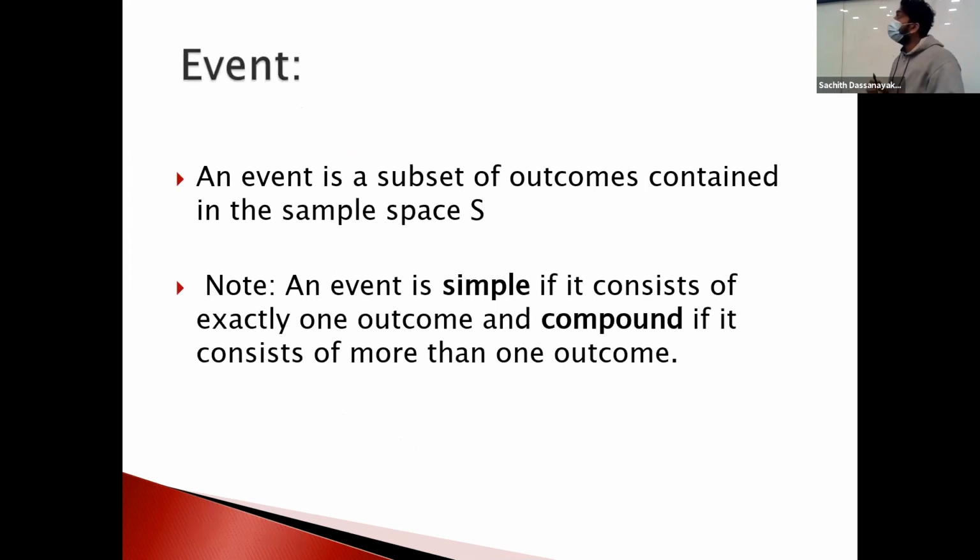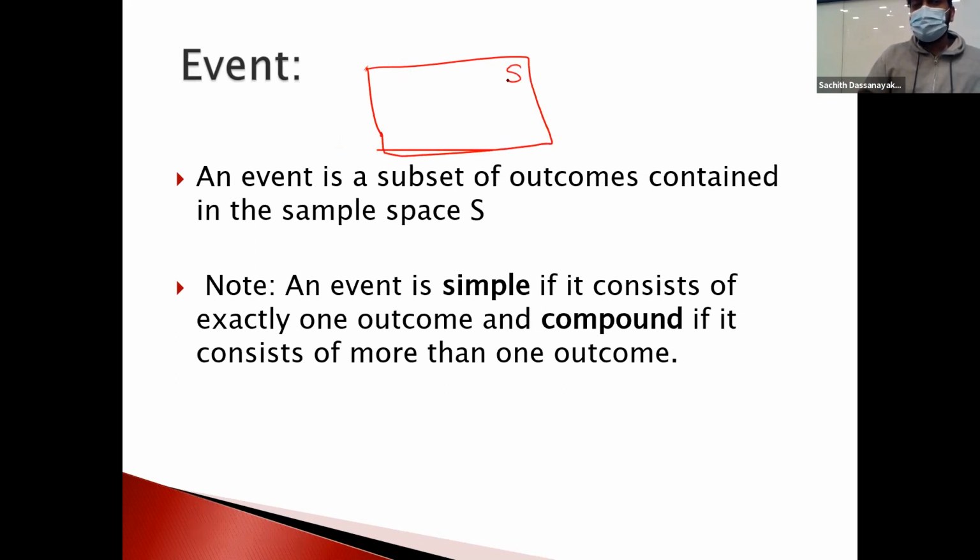The next important thing is an event. An event is very easy. An event is a subset of the sample space, like this. No need to go into too much theory. Just try to keep this in your mind using these simple cases.